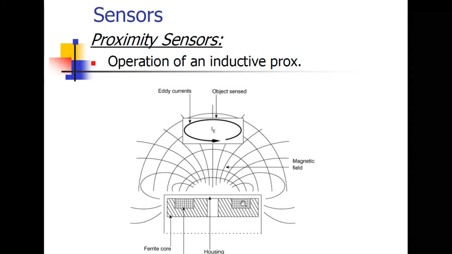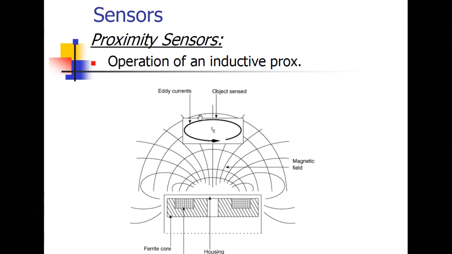And so that is what actually then sends the trigger to the controller saying, hey, I just sensed that the object is there. All right, so again, without the object there, it's generating this magnetic field by pushing current through here.